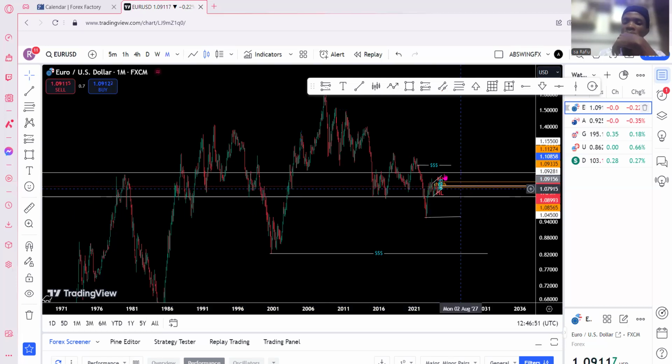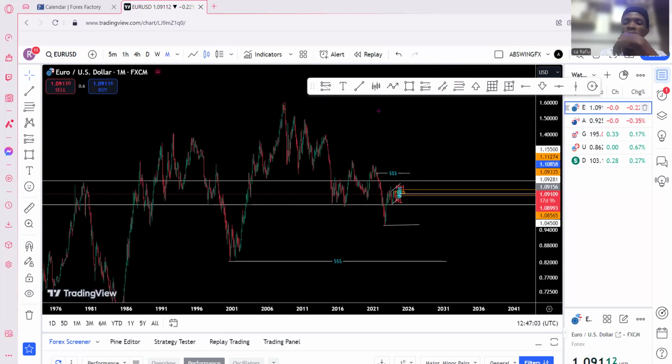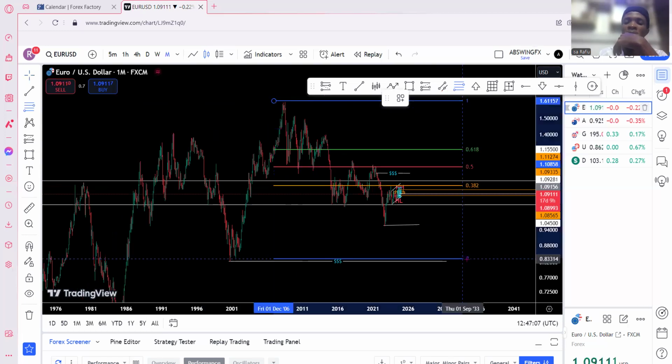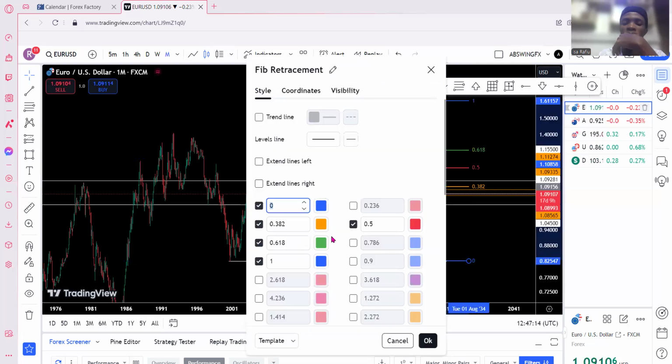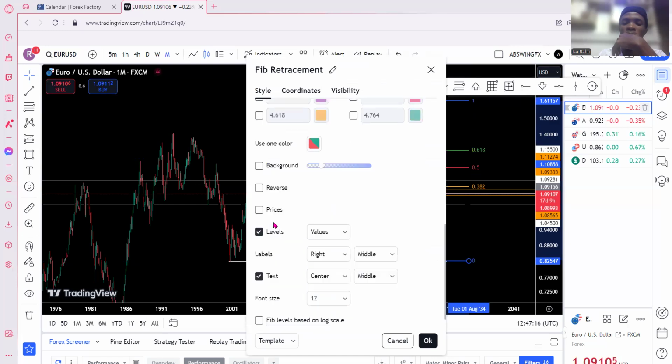If price breaks this bounce without coming inside, definitely we'll be having a change of character, which is also a similarity of trend. If you use your Fibonacci from this high to this low, we'll discover that, let's reverse it.